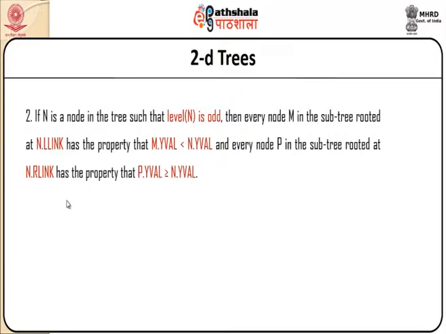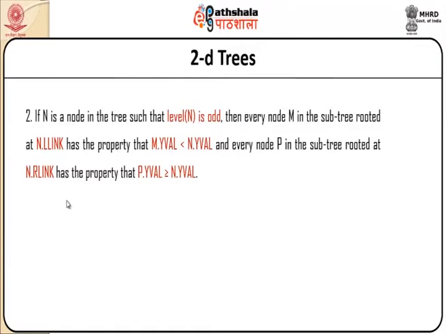And the same is the case when it comes to odd. It will be vice versa, where I will check for the y value. If n is a node in a tree such that level of n is odd. So, the previous case that we have defined was all for an even node where we checked on the x value. Now, we are purely considering the y value, since we are looking at the level as odd.